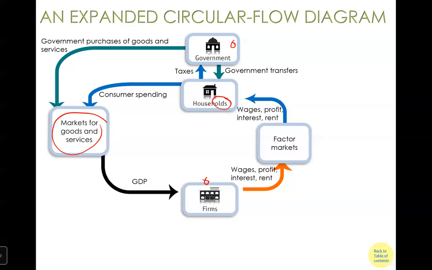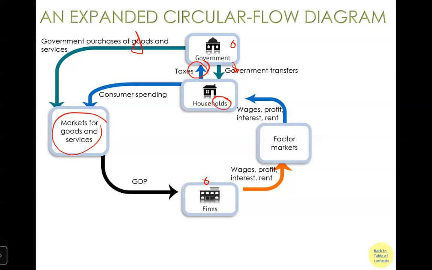So for the government, their income comes from tax, okay? But not only do they use the income to purchase goods and services, sometimes they give households transfers. Like the example from 2020, 2021, there was a federal free check for everyone, but again, quote unquote, not free.